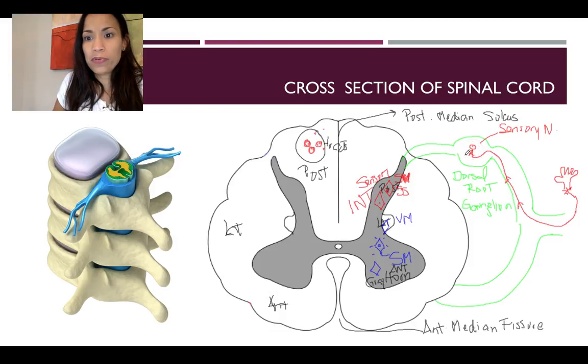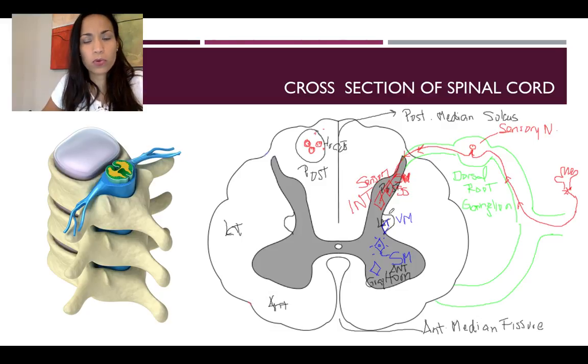Then this information keeps going on, remember? Following the same direction and enters into the posterior gray horn of the spinal cord. In here it meets these interneurons, which in this case are going to be somatic sensory interneurons, because the sensation is coming from the skin.